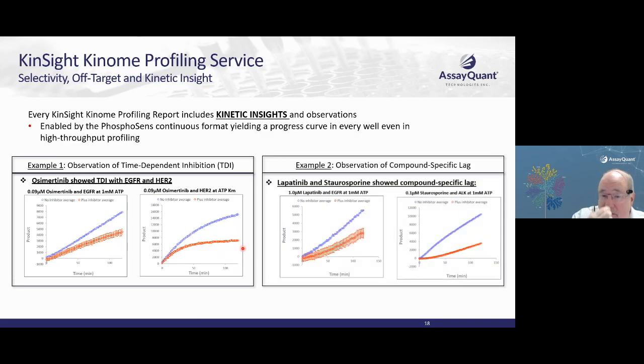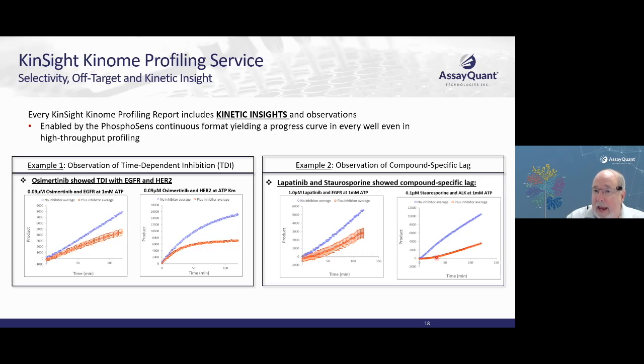Also, we have something we've been monitoring over the last couple of years of compound-specific lag extension. That's where you add your inhibitor, and you see a delay in the onset of the activity, but then once you actually see the activity, it goes up to a linear progress curve.